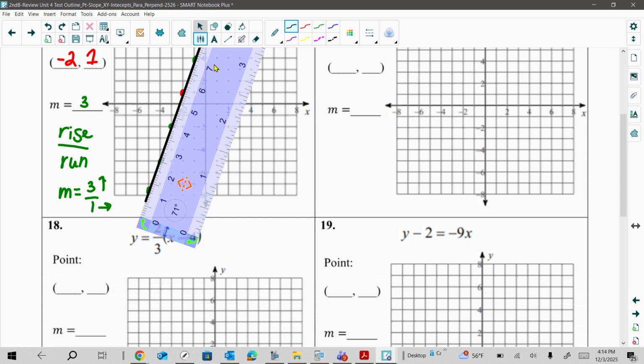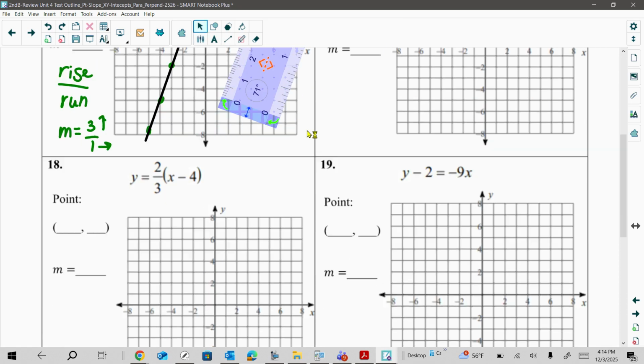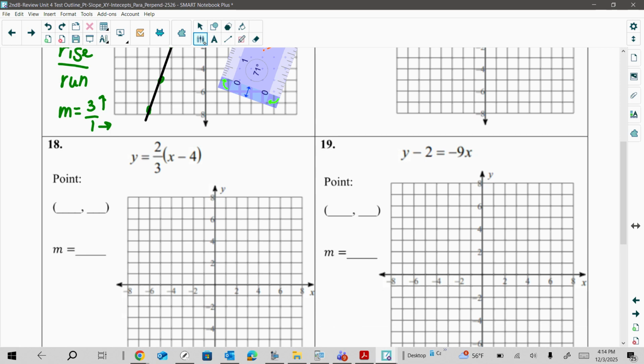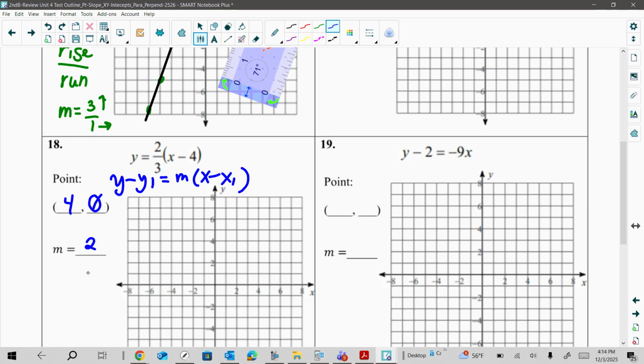Now, I want to talk about 18 and 19, especially because if this is my point slope form, y minus y1 equals m parentheses x minus x1, I can see the parts. If I don't have a plus or minus on this left side, hopefully you recognize that means the y is 0. There's nothing here. Our y is 0, our x here is positive 4, and our m is 2/3.